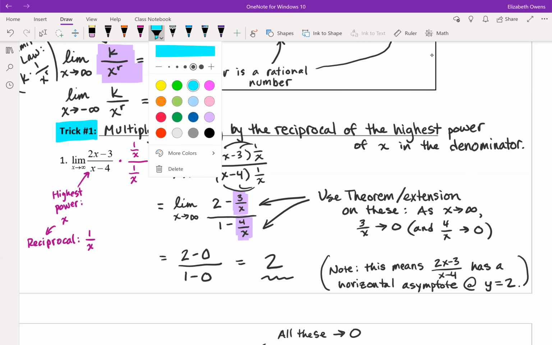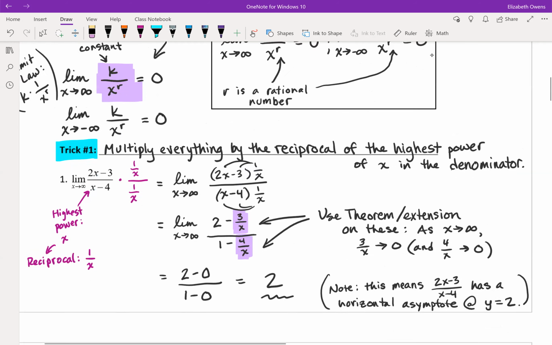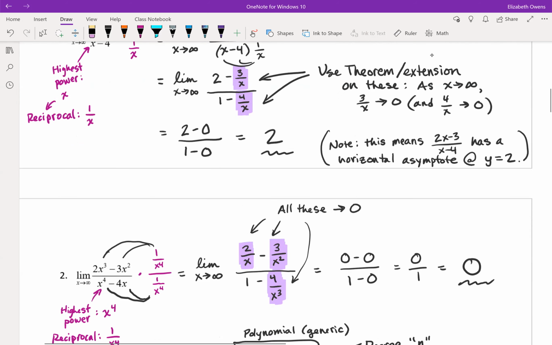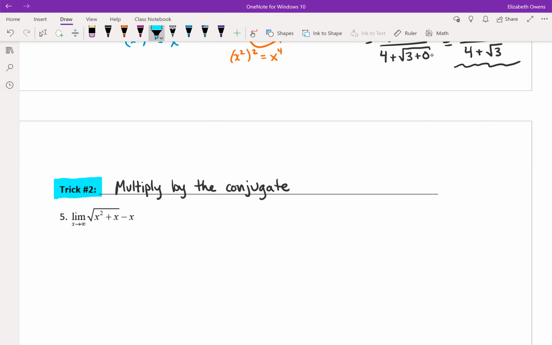That is a really good one for these limits at infinity. Now, trick number 2, multiplying by the conjugate, is really something that we're going to end up using when there's not a denominator to work with. So if trick number 1 fails because there's no denominator, that's when you're going to use this trick number 2.